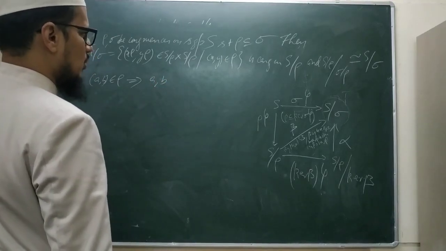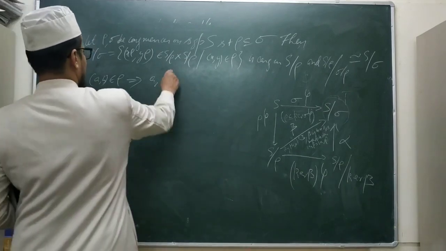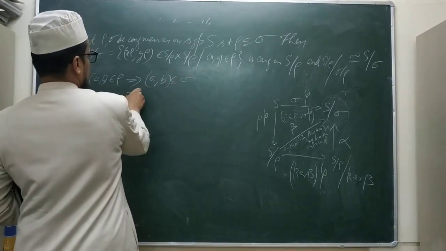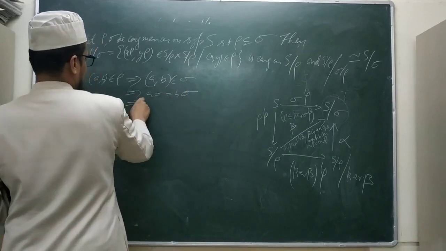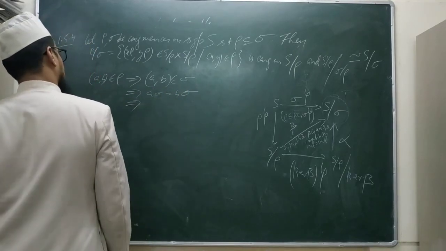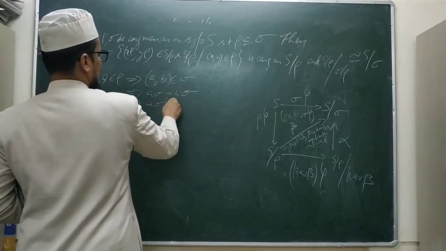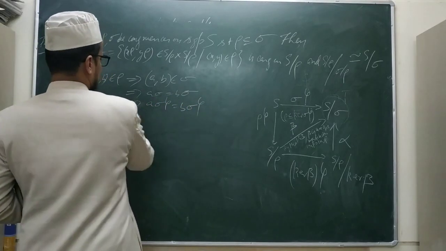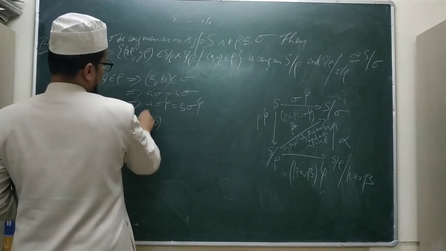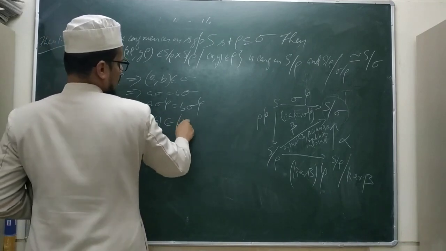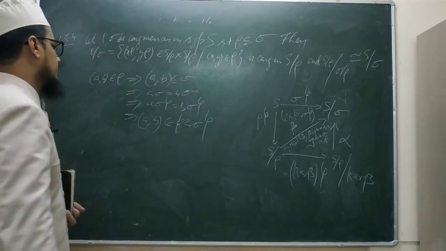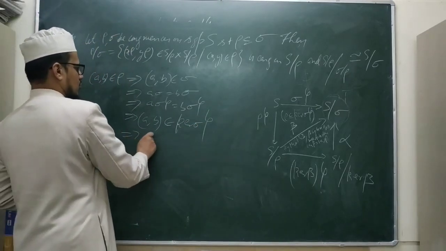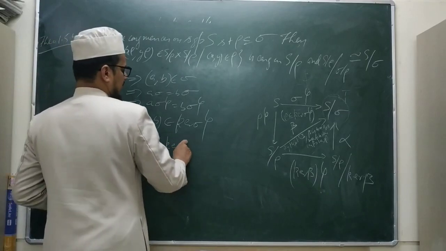As rho is contained in sigma, it implies that A comma B belongs to sigma. It implies that A sigma is equal to B sigma. Correct? It implies that A sigma natural is equal to B sigma natural. It implies that A comma B belongs to kernel sigma natural. So in this way we have shown that rho is contained in kernel sigma natural.